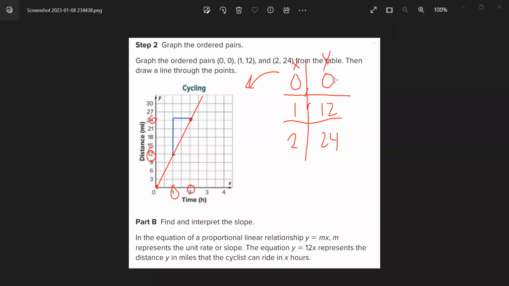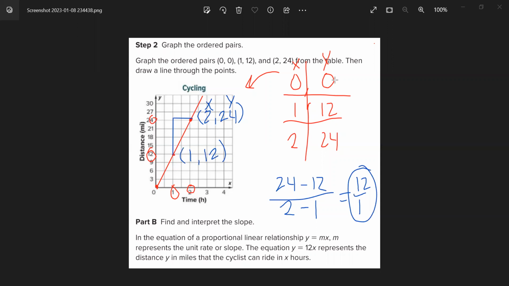This point is (2, 24), and this right here is (1, 12). This is y, this is x. So the y's: 24 minus 12, divided by 2 minus 1, which are the x's. So 24 minus 12 is 12, and 2 minus 1 is 1. So my slope will be 12 over 1, or 12.